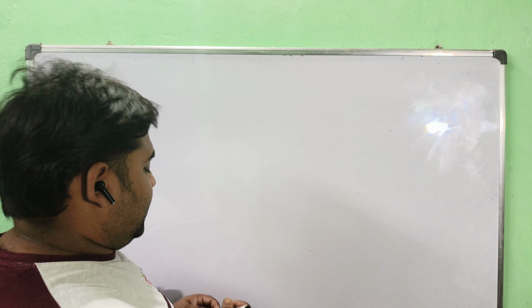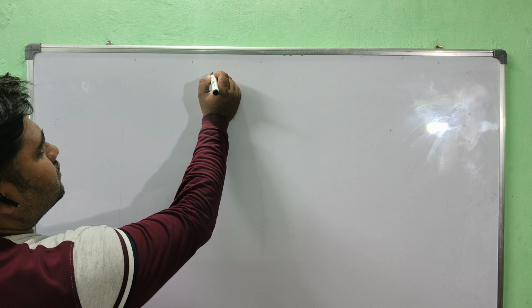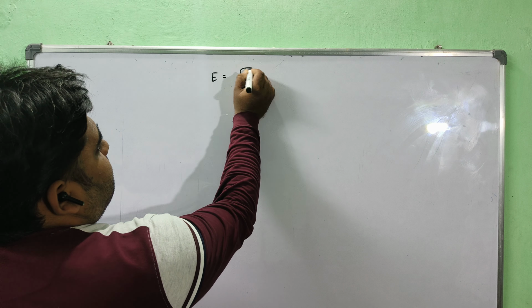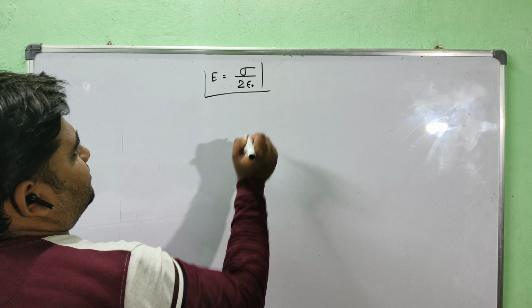In the previous classes, we already derived the formula to calculate the electric field for a uniformly charged infinite plane sheet. We derived the formula as E is equal to sigma by 2 epsilon naught. This is the electric field formula.